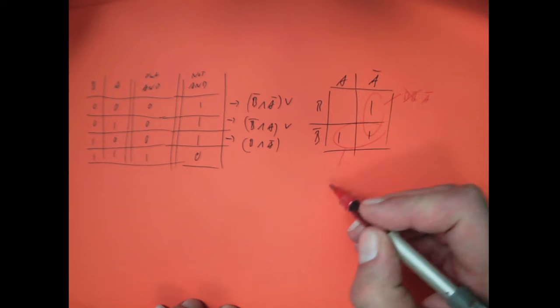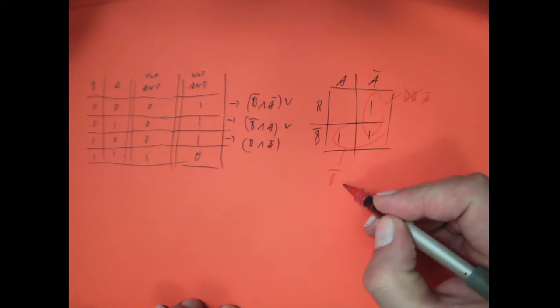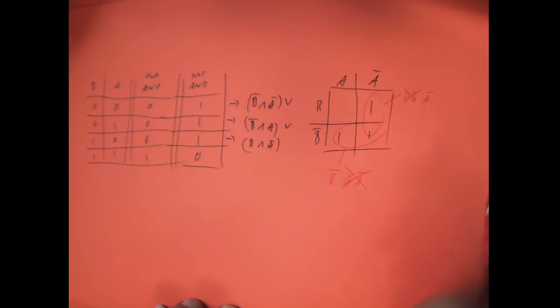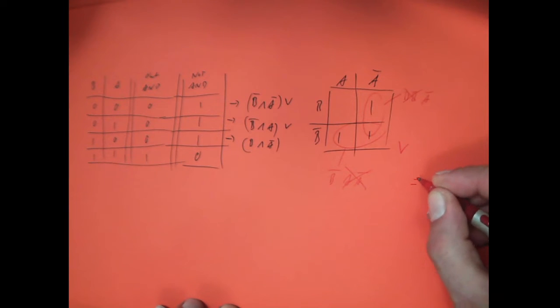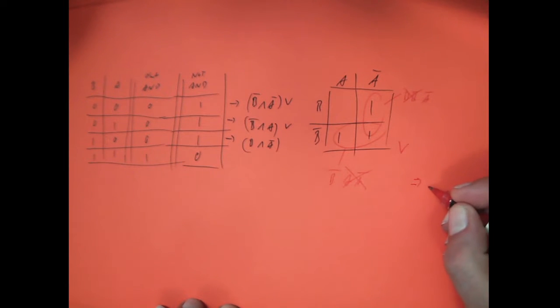So in this case, B not, and then we have A and A not inside here. So we delete A and A not, and we combine these both with an OR, so that the resulting part will be A not or B not. So, and this we can now draw with the Logisim.